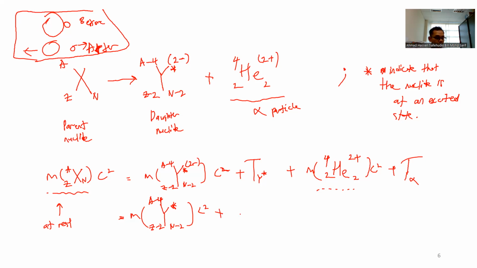So plus 2 electron mc square, and then the kinetic energy of the daughter. And this one lacks two electrons, right?